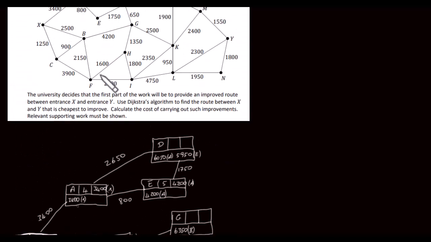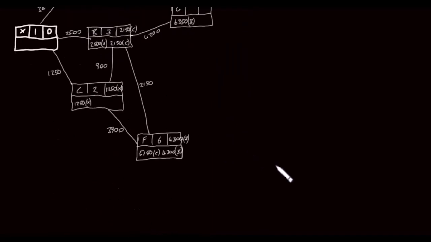Okay, so let's see what F is connected to then. So F is connected to H and I. So we don't have those, so let me just draw those in. So that's H, and we have I down here.